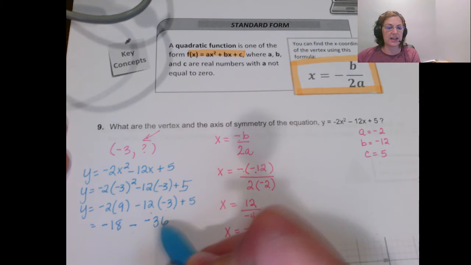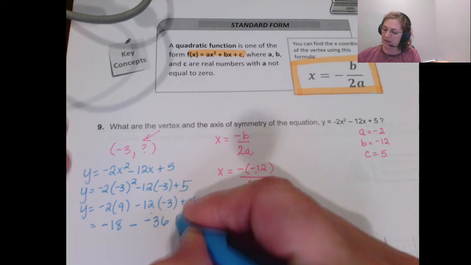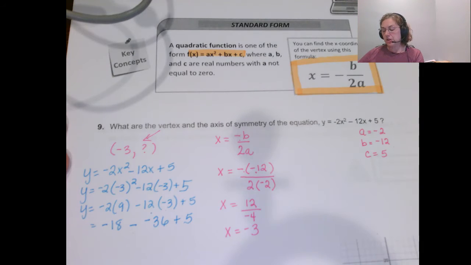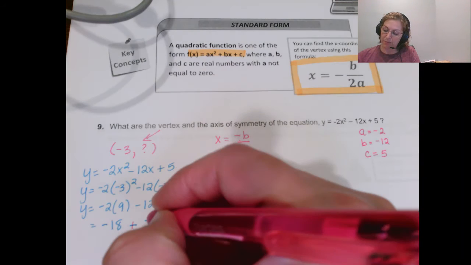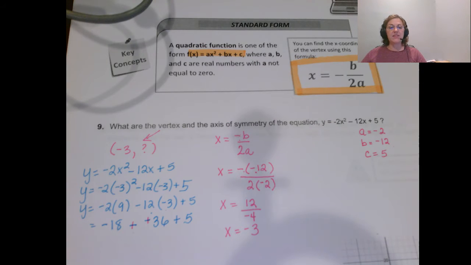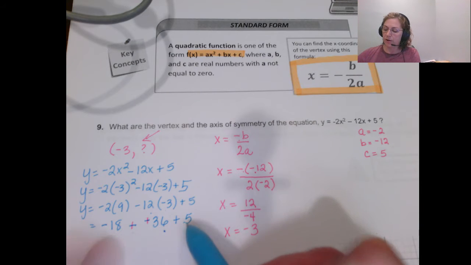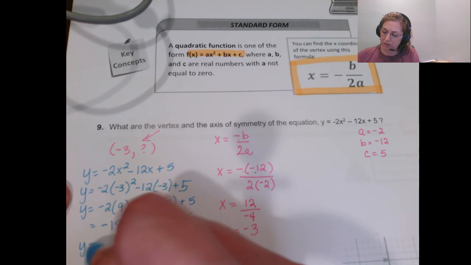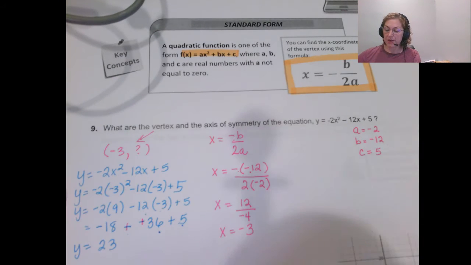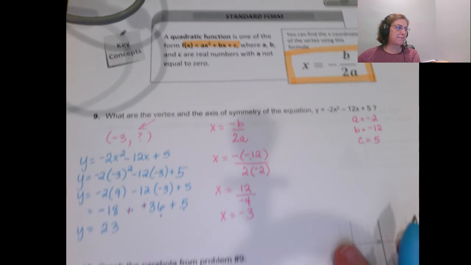I do see that negative again, and plus 5. So I'm going to come back through and change that minus negative to plus positive. I've got now -18 plus 36 is 18. Plus 5 is 23. So now there's my second half of my vertex.